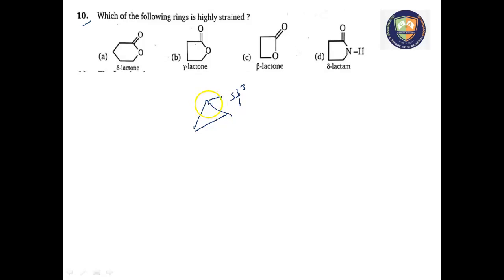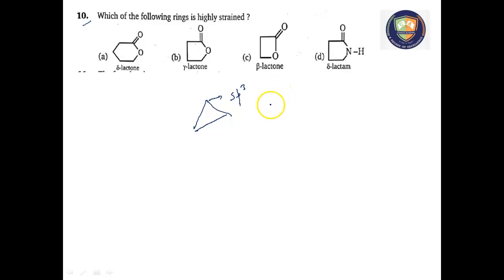For sp3 hybridization, we know that it is a tetrahedral structure and the bond angle is 109 degrees 28 minutes. But in this cyclic structure, as you are observing, we have a bond angle of 60 degrees. So there is a difference of around 50 degrees, which means it has very high ring strain.